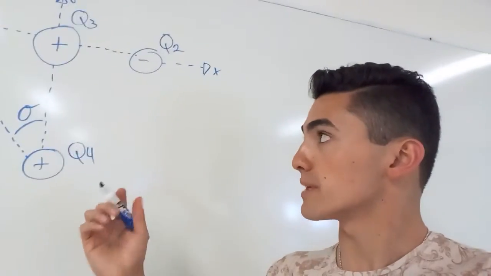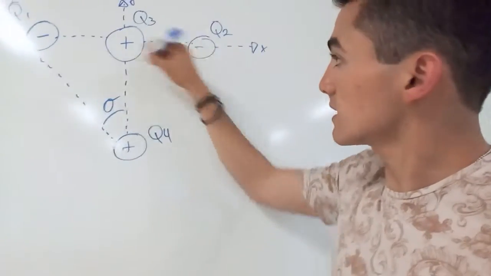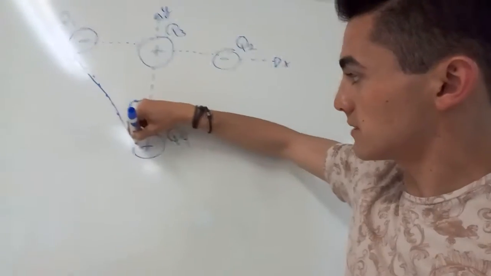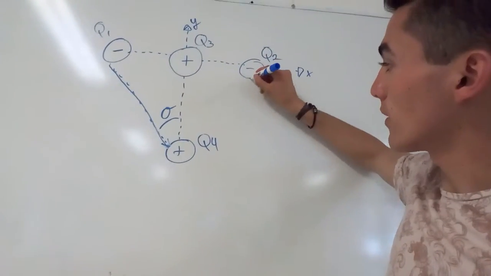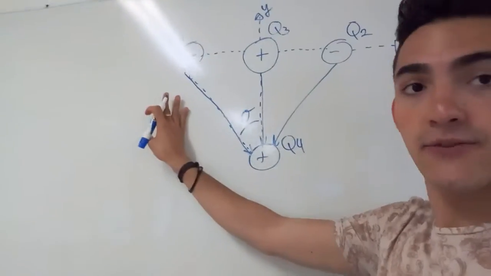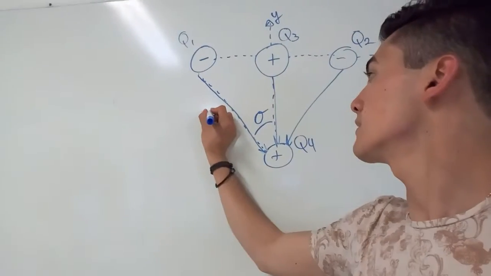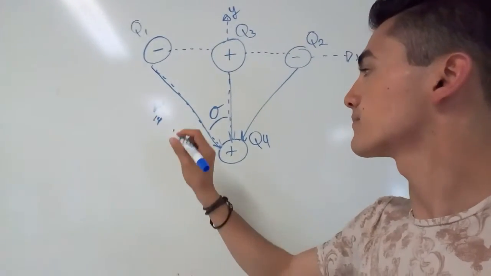First of all, we have to notice the distances between the charges. So here we have one distance, here we have another distance, and here we have another distance. This first distance will be the distance r from 1 to 4.